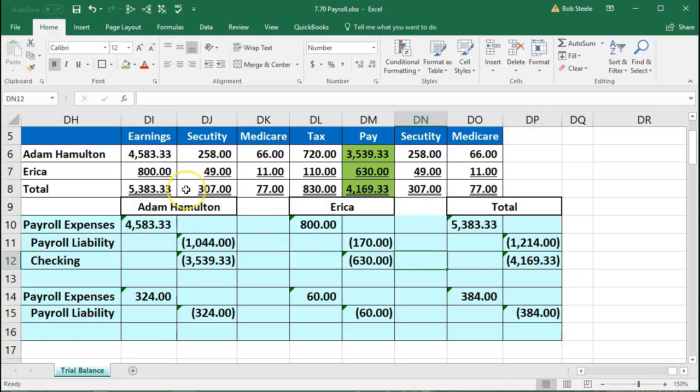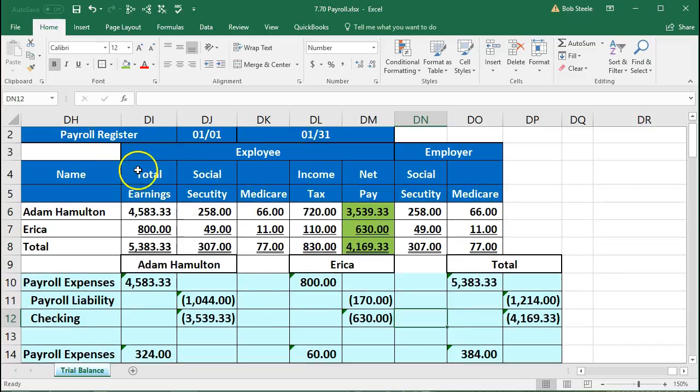So this is the information we'd have to input. We'd have to take this information and now put it into QuickBooks in some way. We could, once again, just put this information into QuickBooks using a journal entry, totaling everything up, or we could enter the detail. If we have just a couple employees, it may be beneficial to enter the detail so that we can see the breakout of the detail all in the same system without having to jump over to the CPA's payroll register or ADP or the outside firm's register to see that detail.